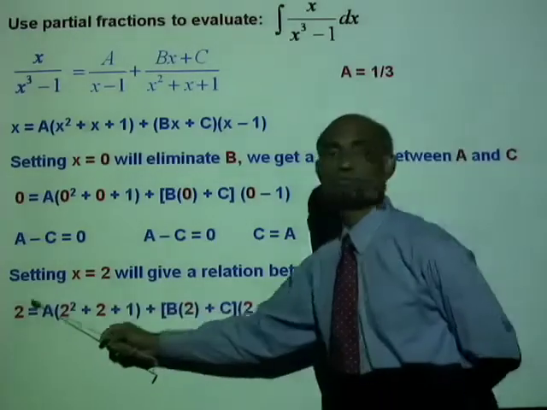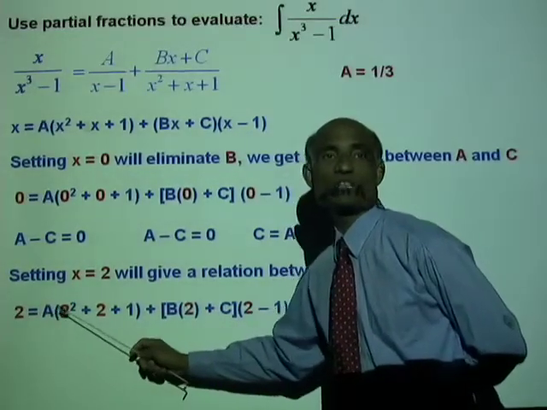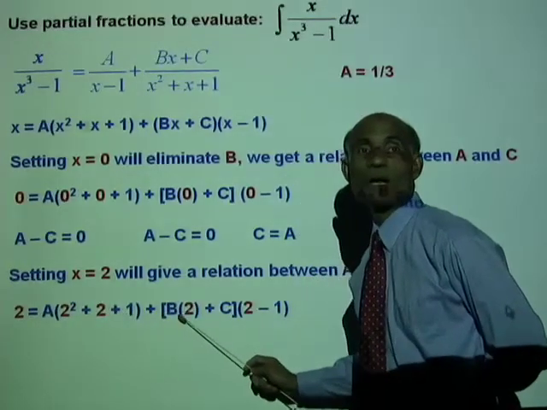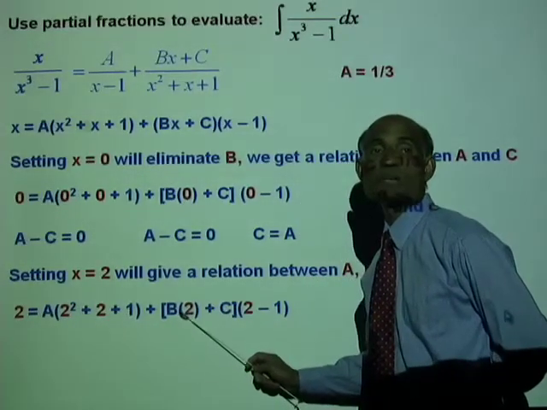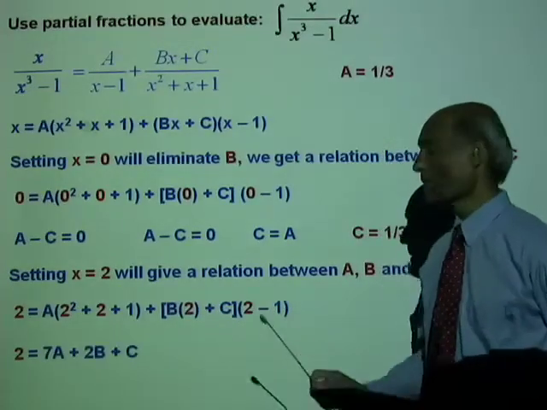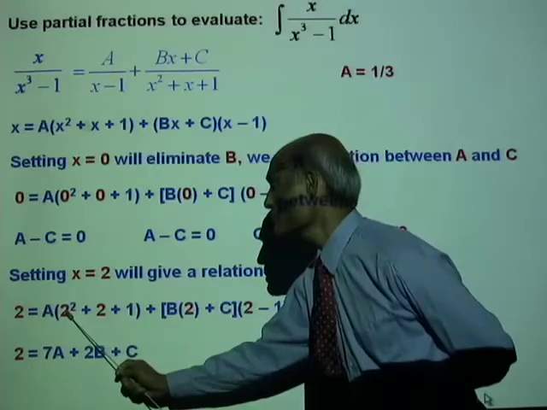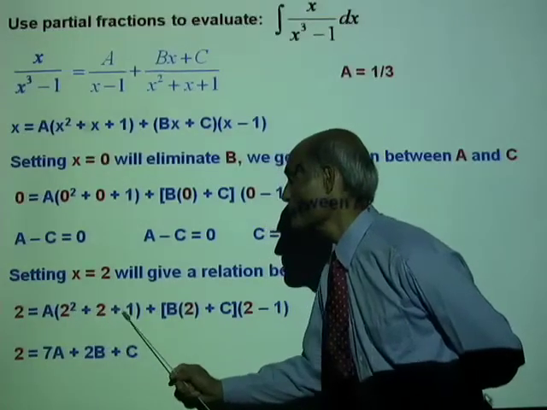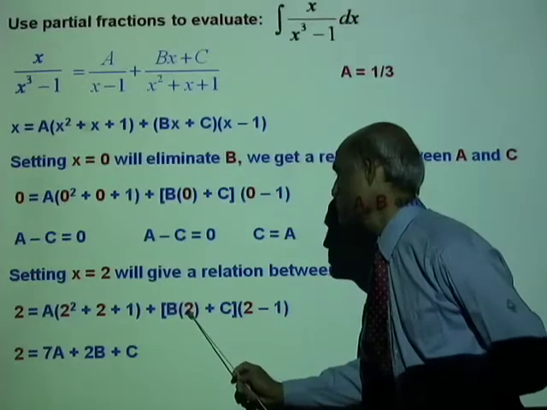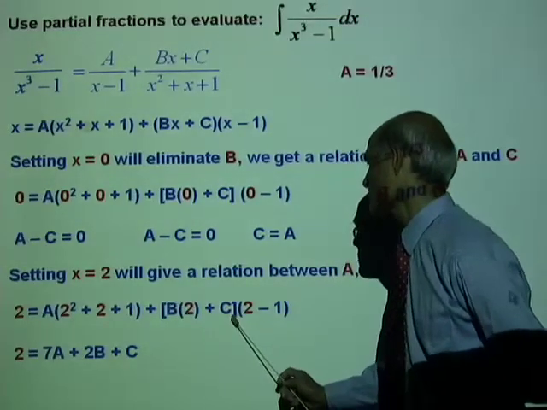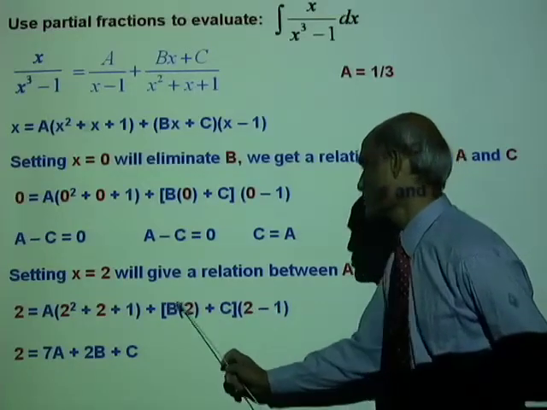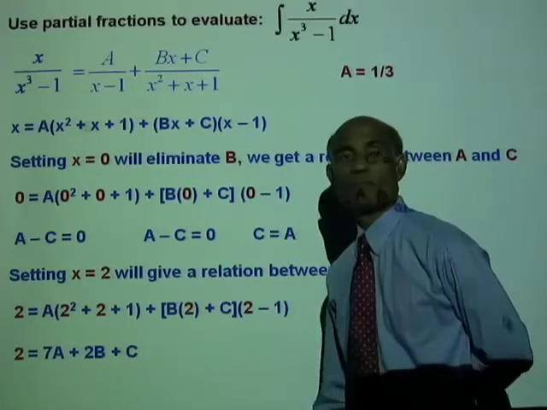That will give you 2 equal to a times 2 squared plus 2 plus 1, plus b times 2 plus c times 2 minus 1. This will be 4 plus 2, 6 plus 1, 7a plus 2b. Now 2 minus 1 is 1, so there will be 2b plus c.